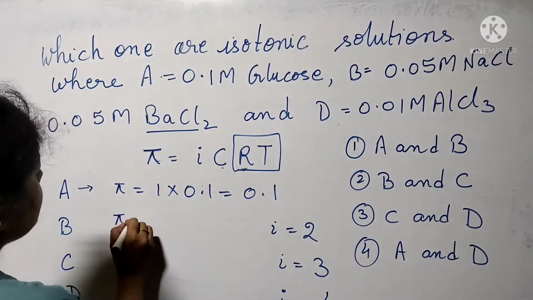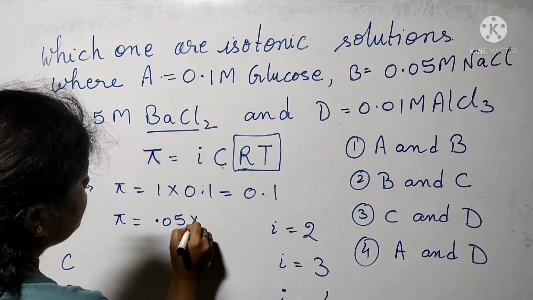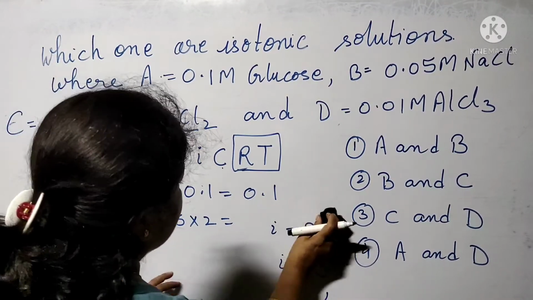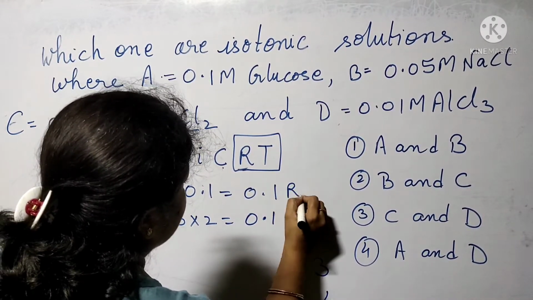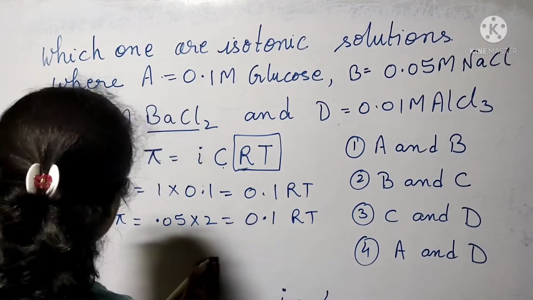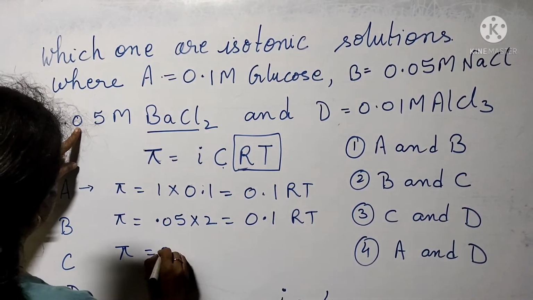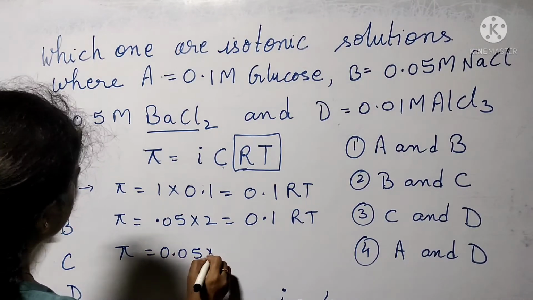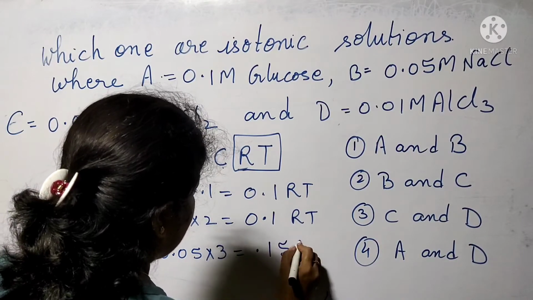Now for B, the value of π is 0.05 into 2. When we multiply, we get again 0.1 RT. Now for the third one, C, we get i as 3, that is 0.05 into 3, which is equal to 0.15 RT.